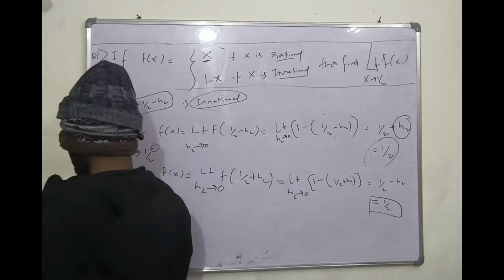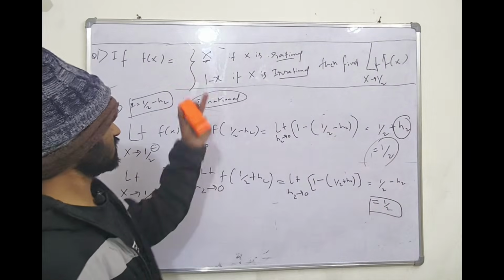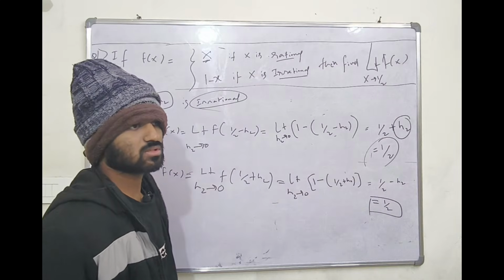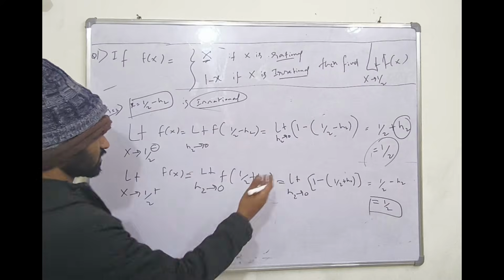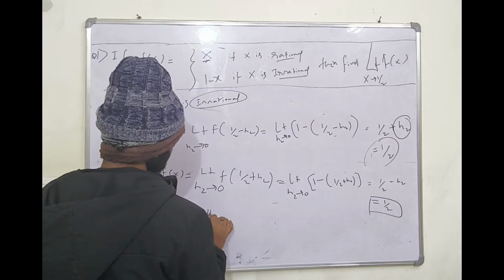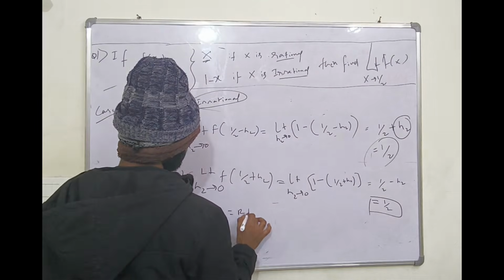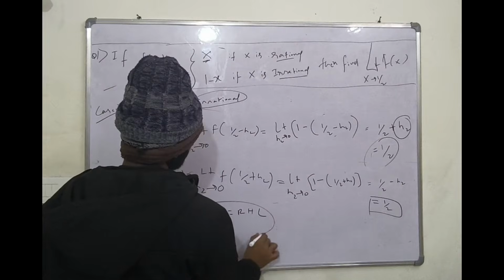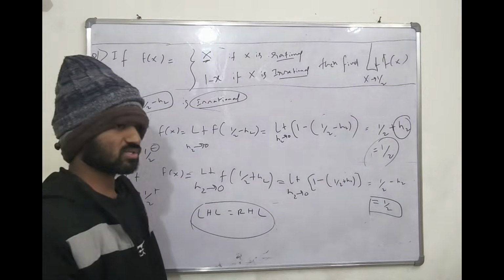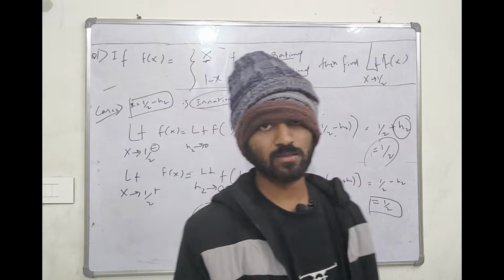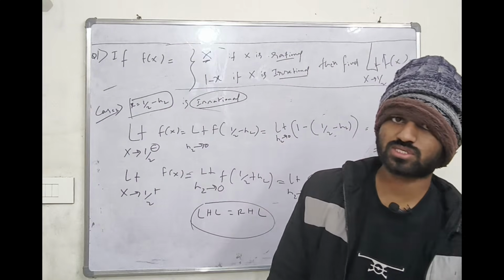Okay, so in this type of problems you should see both, here for irrational also we got left hand limit equals to right hand limit. So in this type of problems we should see both for rational and irrational, that the limit must be same, not just rational, not just irrational.